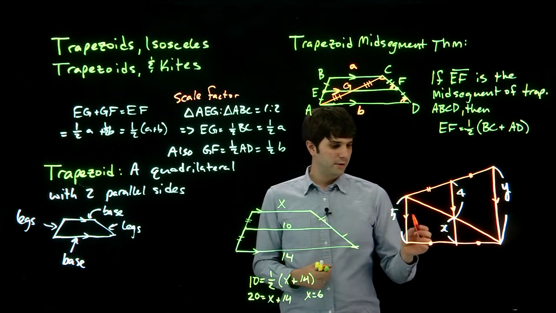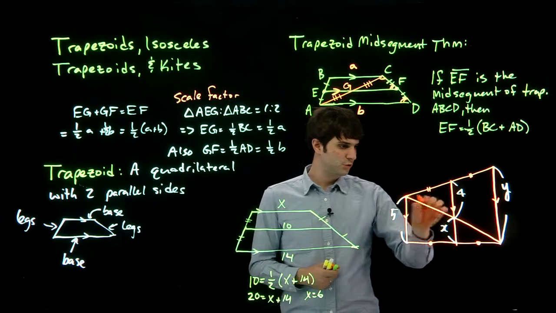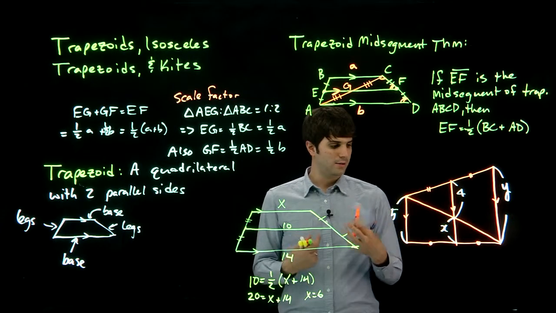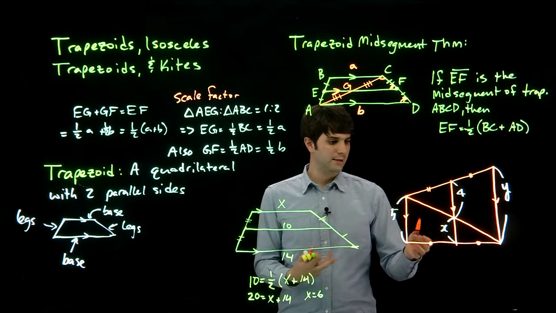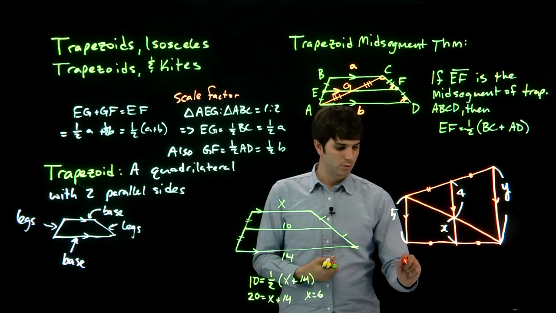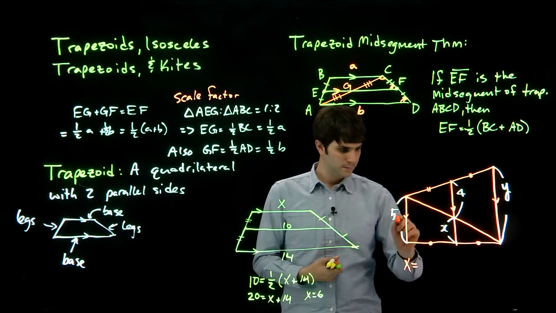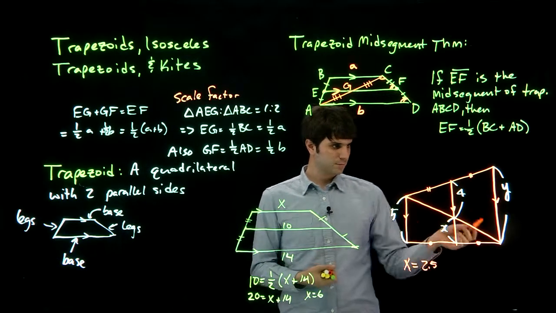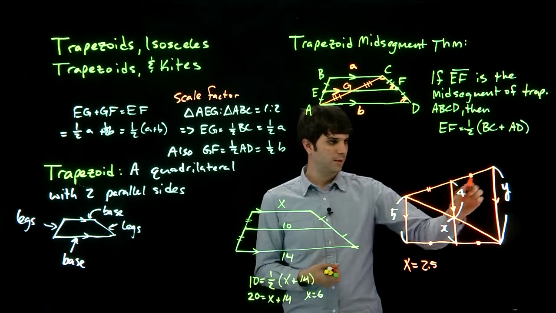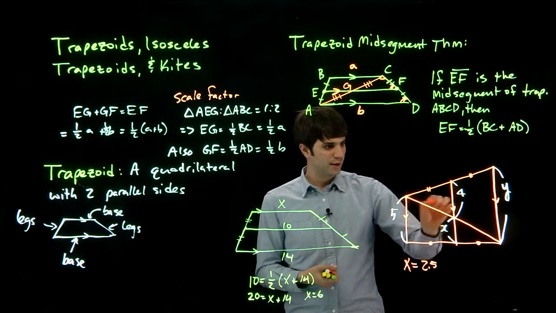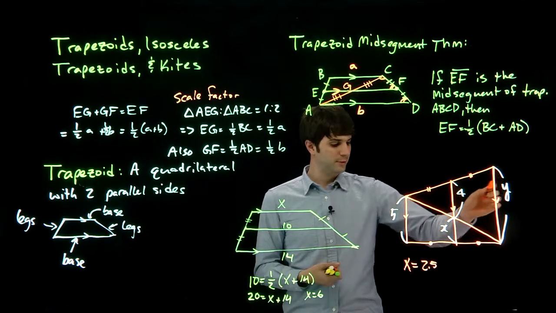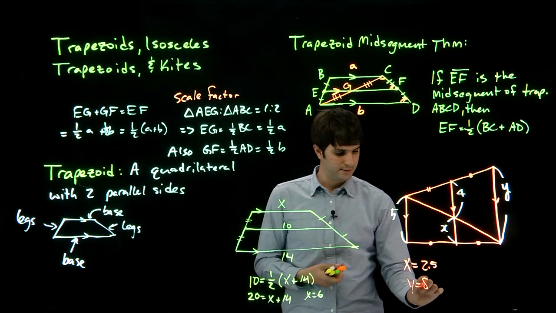We know that this big triangle and this smaller triangle are similar, so their sides are proportional in the ratio of 1 to 2. So if this is 5, x is going to equal 2.5. By the same logic, y is going to equal twice, because this triangle and this triangle have a scale factor of 2 to 1. So if this is 4, this is going to be twice as big, so y is going to equal 8.